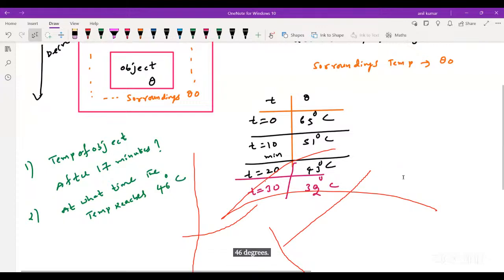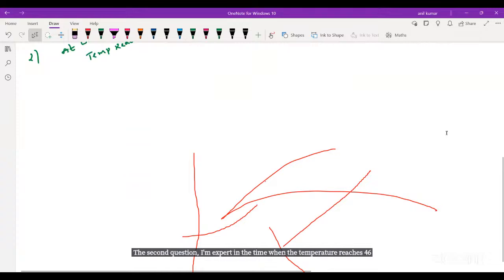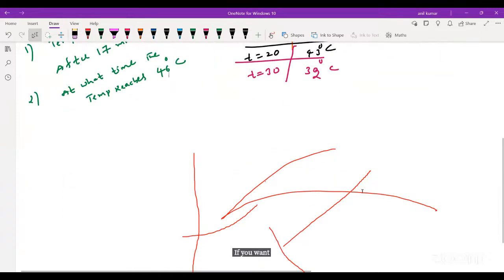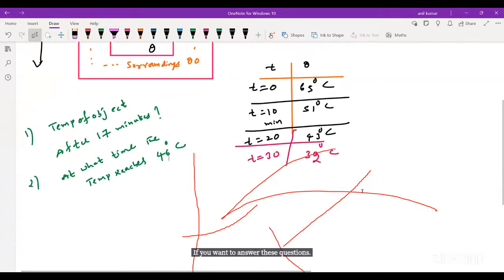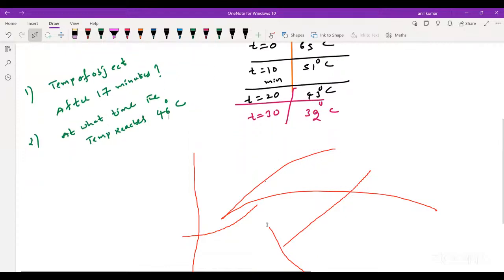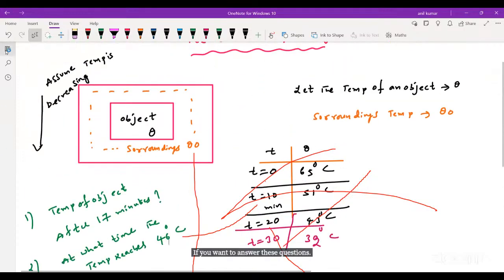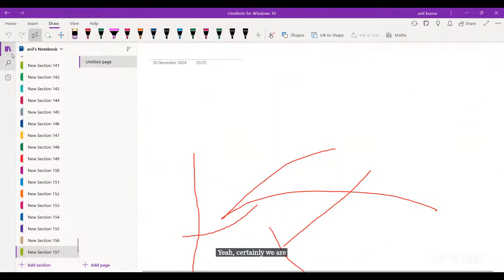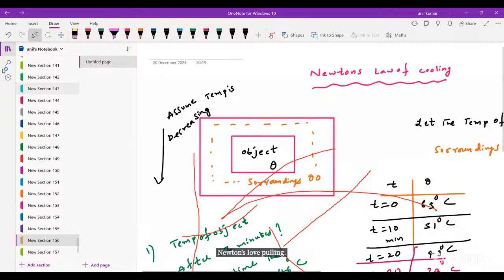In the first question, I'm expecting the temperature after 17 minutes. In the second question, I'm expecting the time when the temperature reaches 46 degrees centigrade. If you want to answer these questions, certainly we are going to depend on Newton's law of cooling.